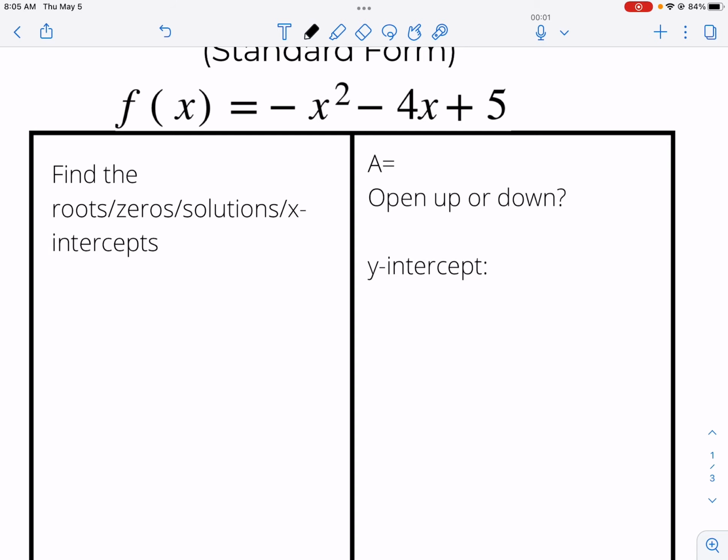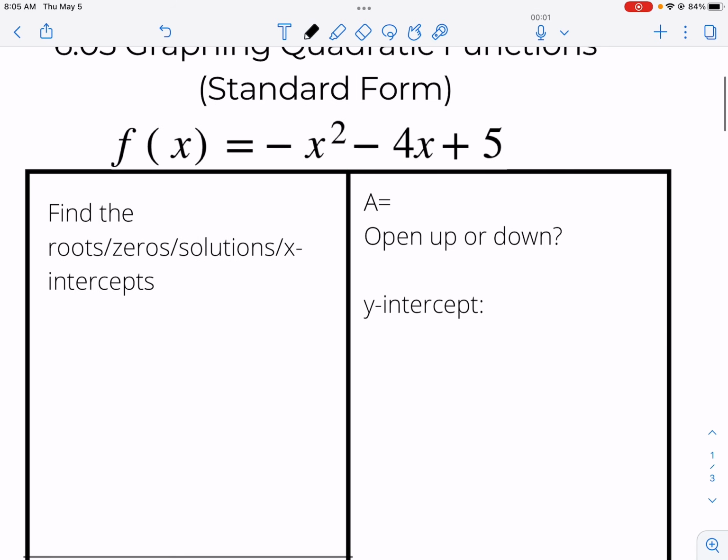Let's start off with finding the roots of this first graph we have. So we have f of x is equal to negative x squared minus 4x plus 5. Note that this is pretty much equal to y. It's just like saying y is equal to negative x squared minus 4x plus 5.